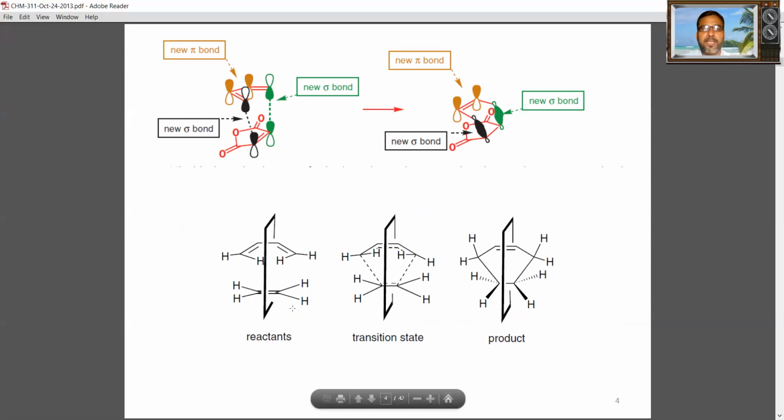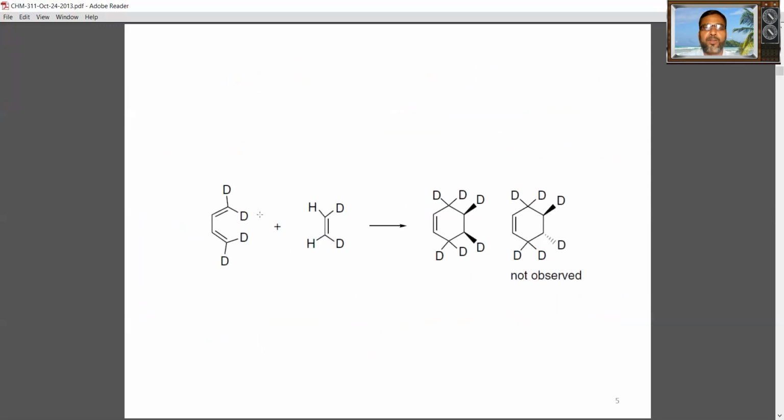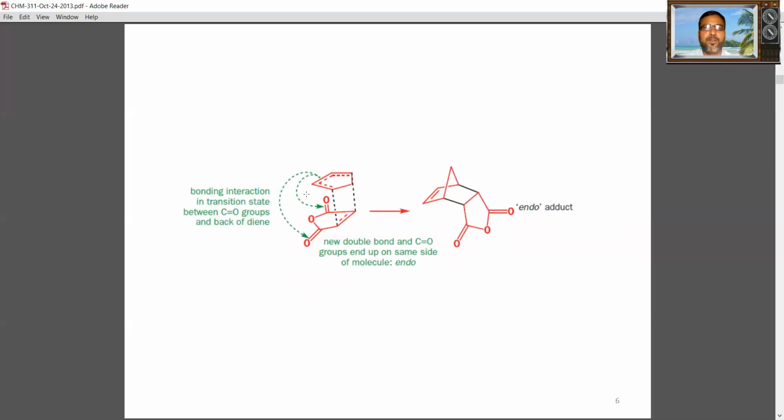Now you can see reactants, transition state, and product. If you have the diene like this and the dienophile like this, you will get these products. This one is not observed. So what happened?